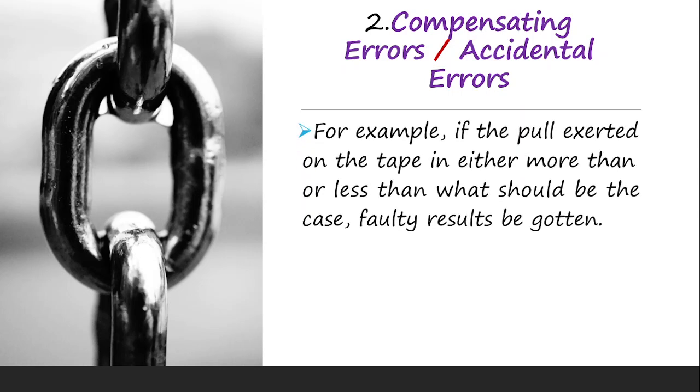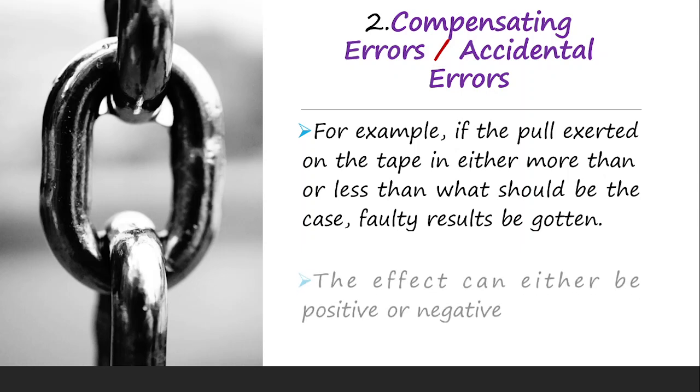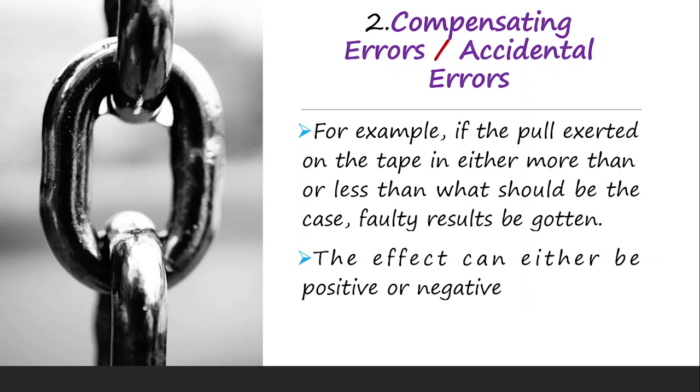For example, if the pull exerted on the tape is either more than or less than what it should be, faulty results may be obtained. That's an example of compensating errors. It can either be positive or negative, as we've seen in the previous type of error.